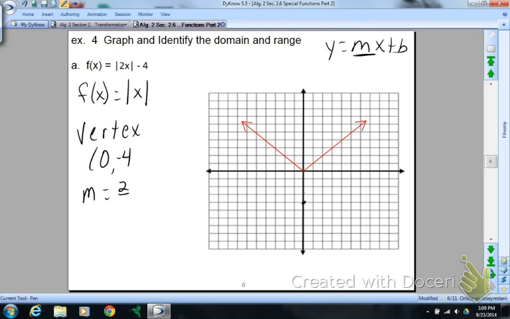So it's 2 over 1. So go up 2 over 1, up 2 over 1, up 2 over 1. That's one leg. To get the other leg, we're going to do the same thing. We're going to go up 2, but we're going to go back 1. And do you see that it's a little steeper? So we can draw our line.